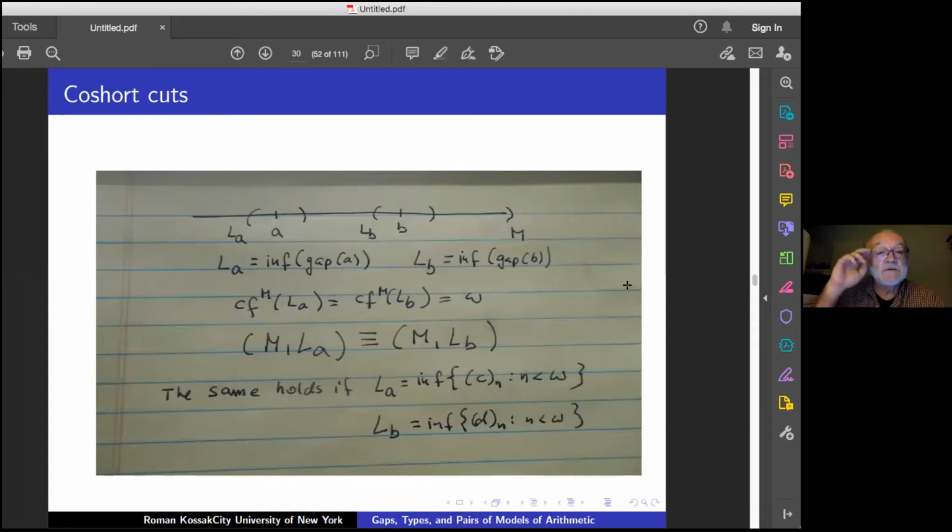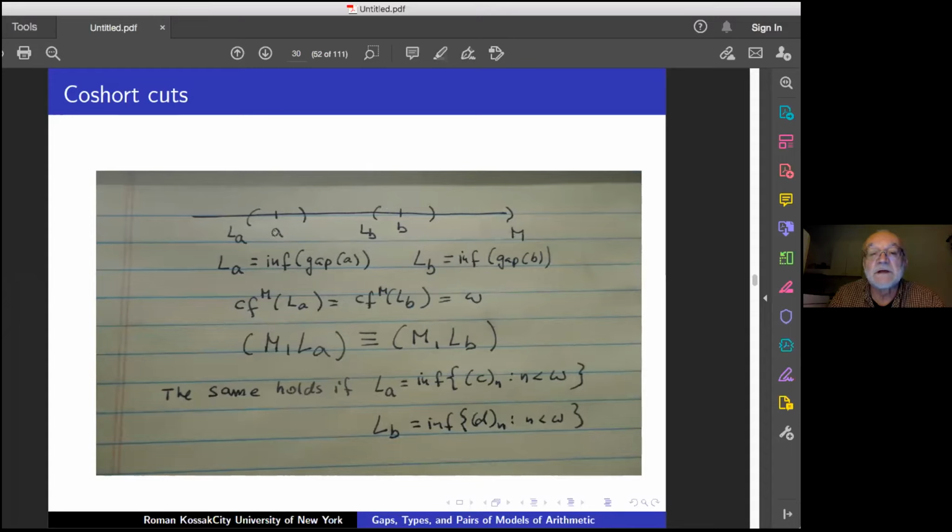Okay, so this was the case of shortcuts, and we also have co-shortcuts. So this is the same picture, with some element A and some element B, and gaps around them.